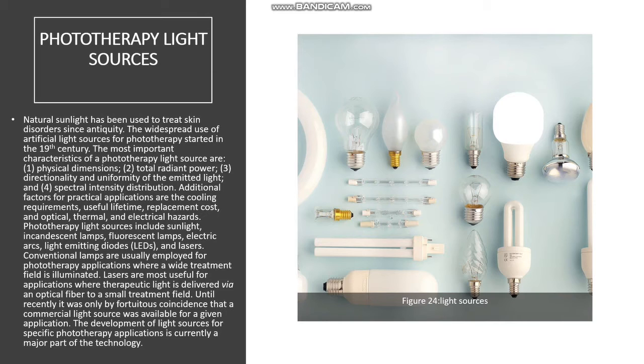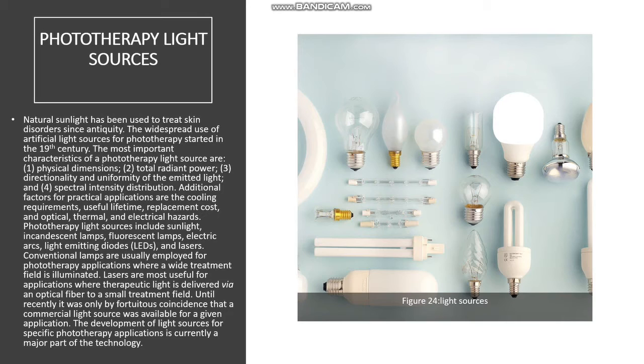The most important characteristics of a phototherapy light source are physical dimensions, total radiant power, directionality and uniformity of the emitted light, and spectral intensity distribution. Additional factors for practical applications are the cooling requirements, useful lifetime, replacement cost, and optical, thermal, and electrical hazards.